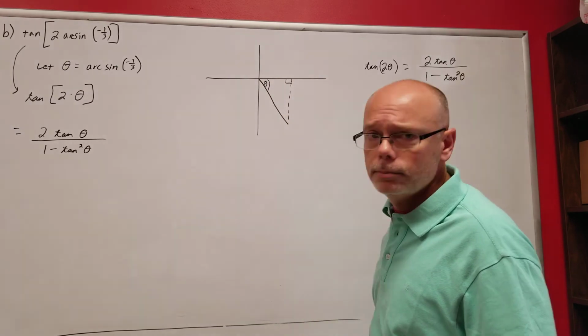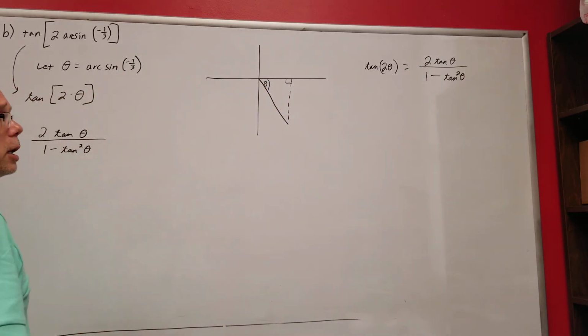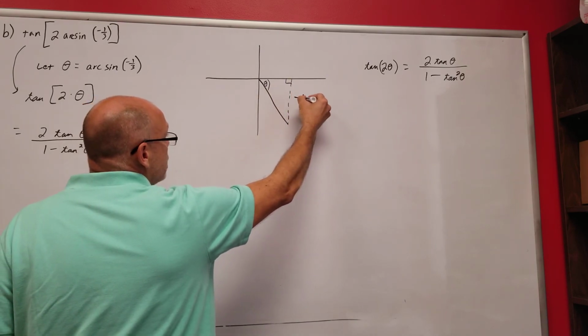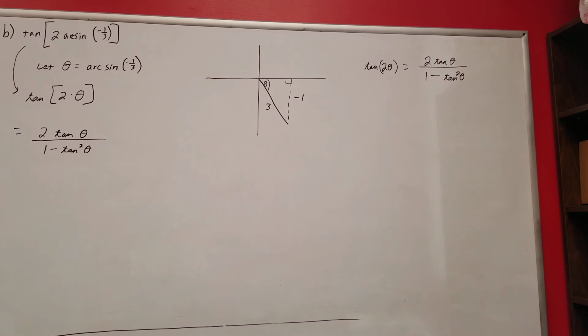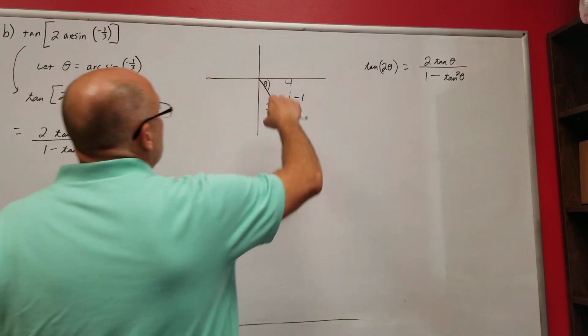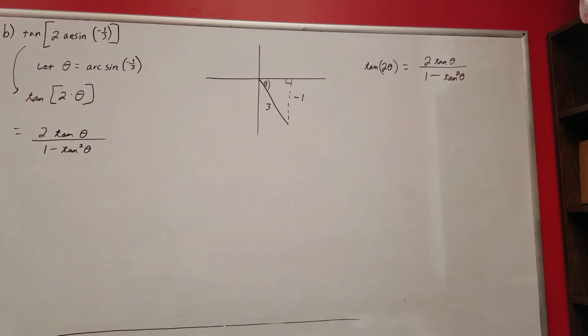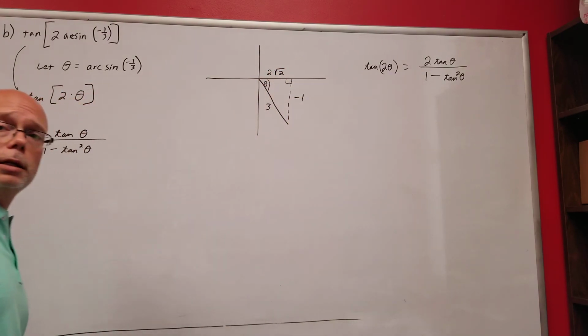Make you a 90. Now that's the angle whose sine is negative 1/3. So the sine of this angle should be negative 1/3. So I have negative 1 and I have 3, right? Now, how do we go about finding this? We use the Pythagorean theorem, and let me save y'all some boredom here. Whenever we do this, we get 2 square roots of 2 for that value right there.